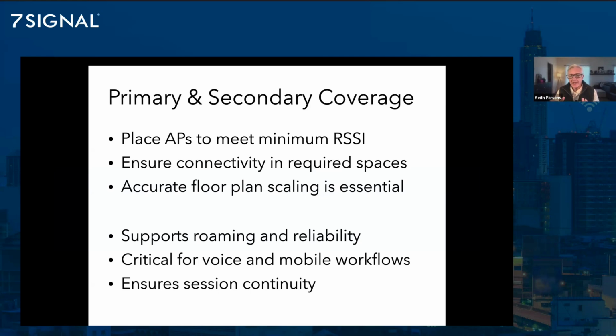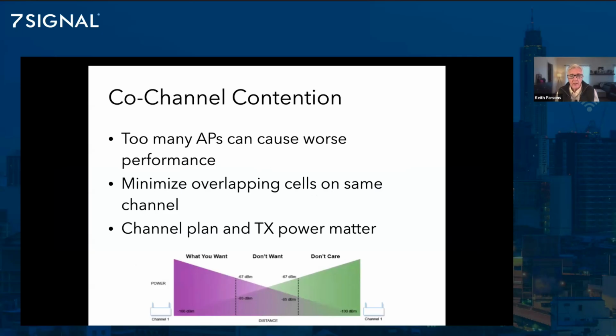I don't see secondary coverage as a great redundancy because it can be by the same AP with two radios on the same frequency. Like we have radios now, we can get a 2.4, and 2 5s, or a 2.4, 5, and 6. And how we configure those, it might not give me a redundancy if an AP goes down, but it does add to reliability and better continuity in roaming.